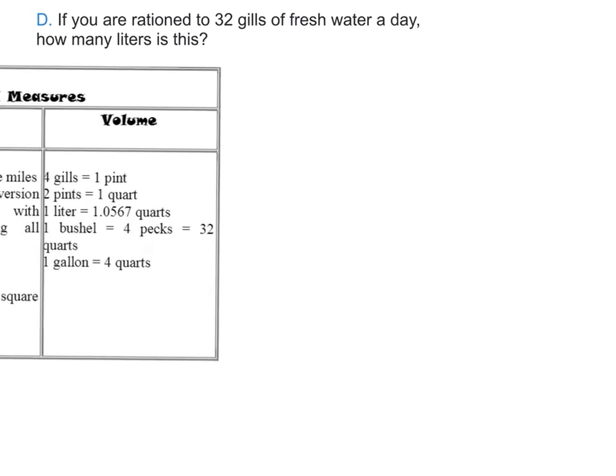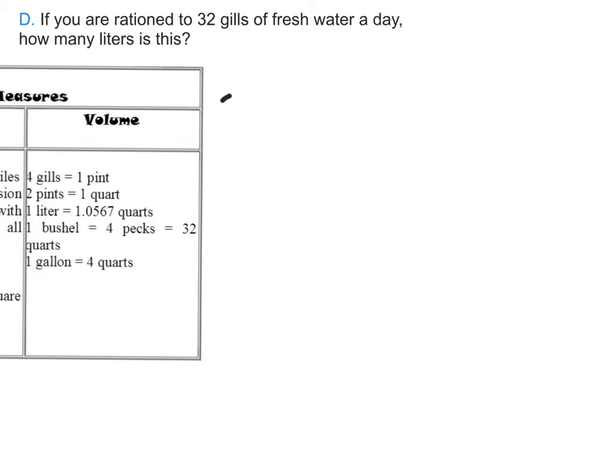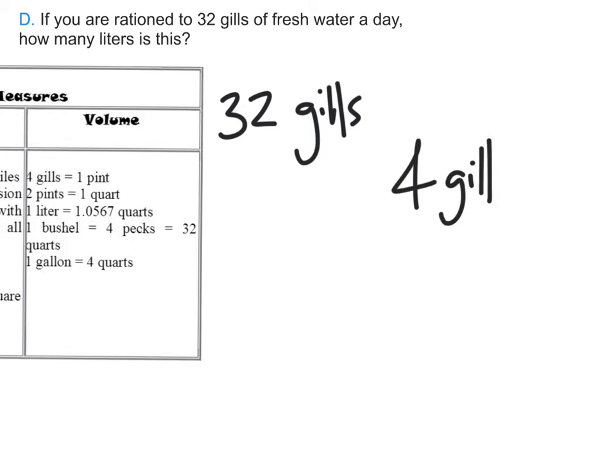We're going to start with 32 gills. And what kind of relationship do gills have with pints? I can see that 4 gills is equivalent to 1 pint. Great.